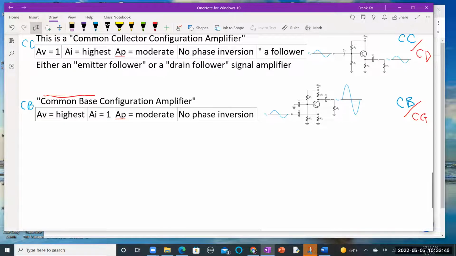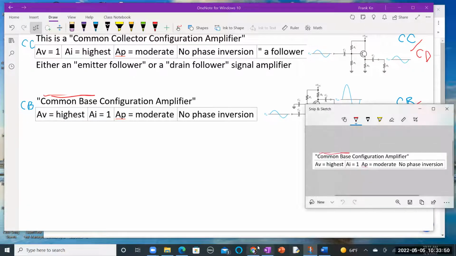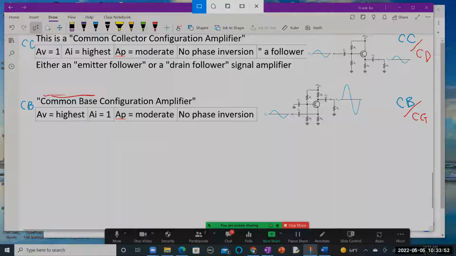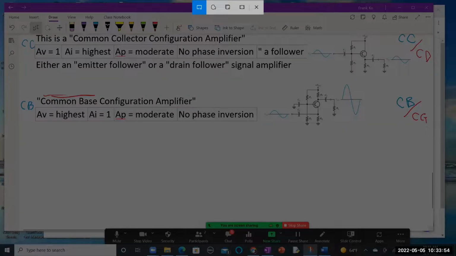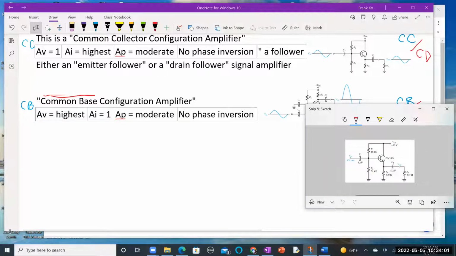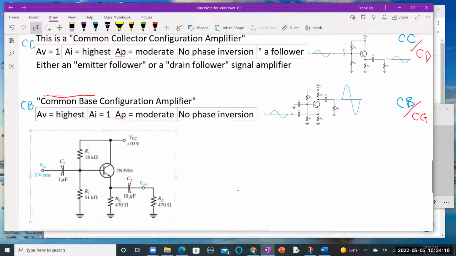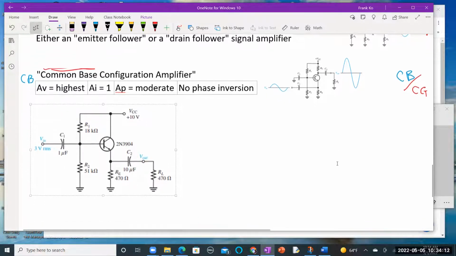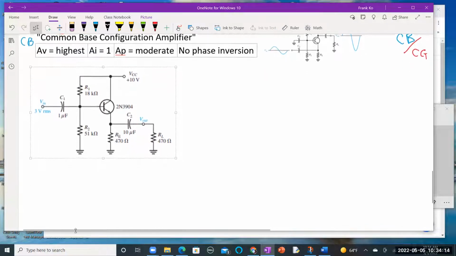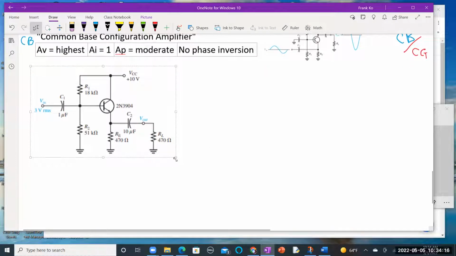Okay, so let's go ahead and snatch this particular one here. Here's the snip. Boom. Okay, now let me grab this guy and let me paste it right in here. So what we're doing with this particular one is applicable to FETs as well.